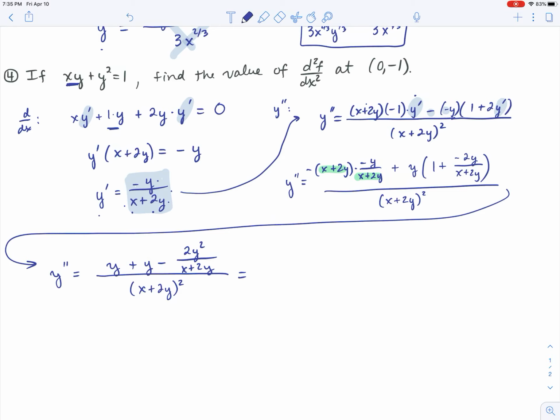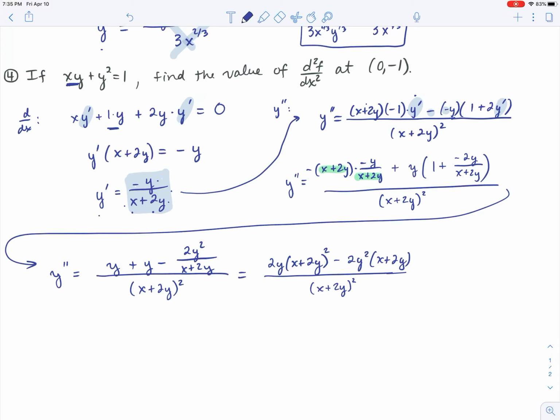If we want to clean that up even further, I'm going to put 2y times x plus 2y for common denominator. I guess I'll do this, minus 2y squared times x plus 2y, and then all over x plus 2y squared. Let me double check what I'm doing here.